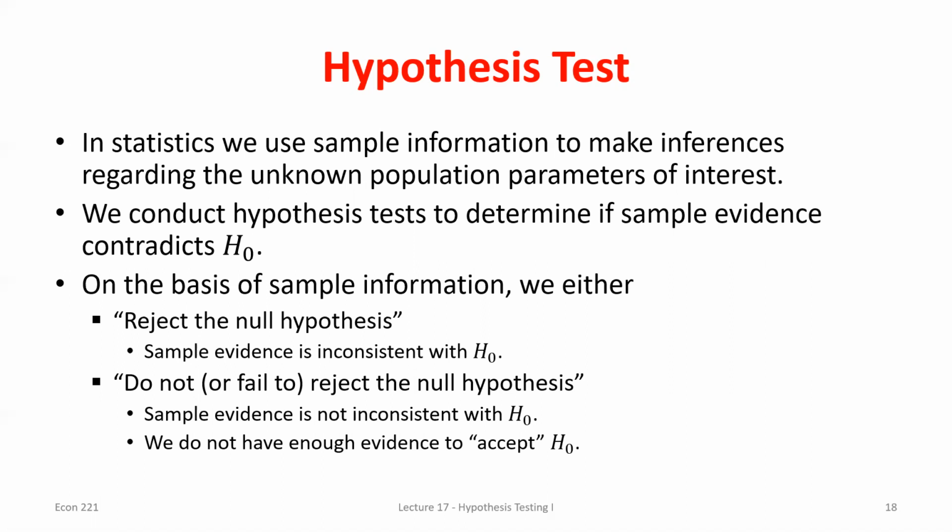That's not very far from that value of 7%. So we can find evidence that goes against our null and goes against it strong enough that we can reject. We can find evidence that goes against it, but it's not strong enough to reject it, so we would fail to reject. Or I find evidence that is consistent with or supports the null, in which case I'm not going to reject it. So those are three scenarios we're thinking about.